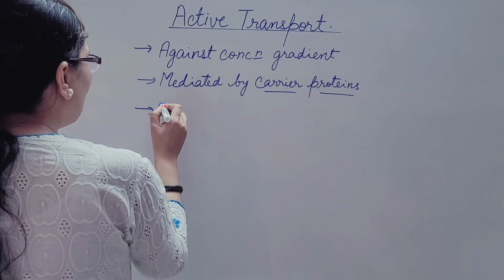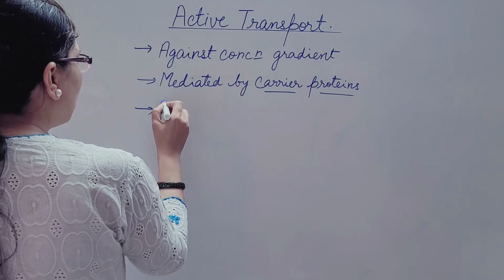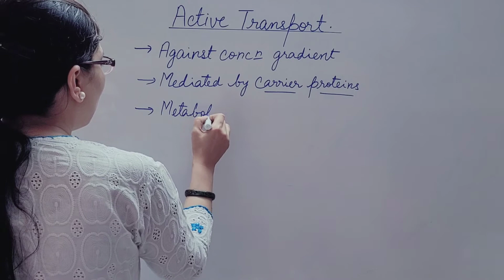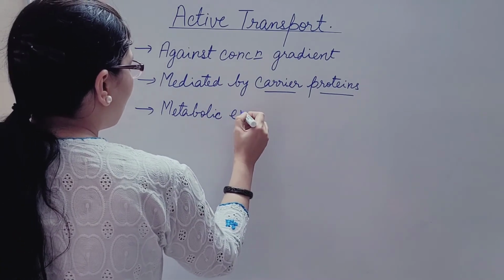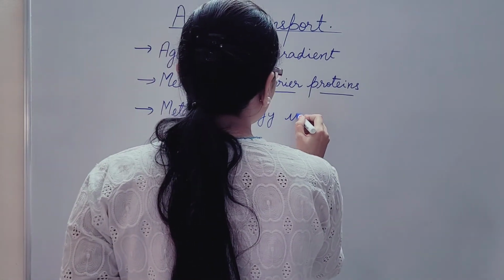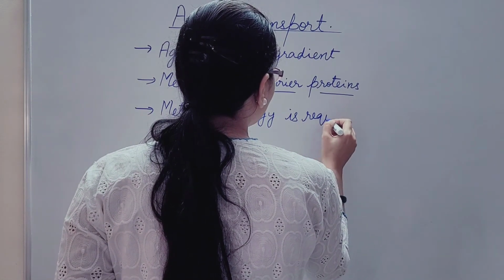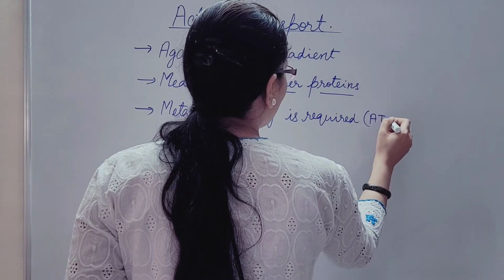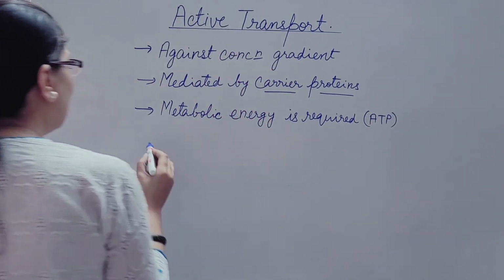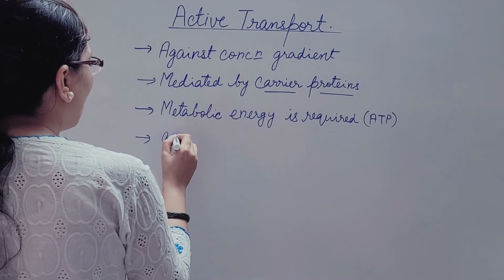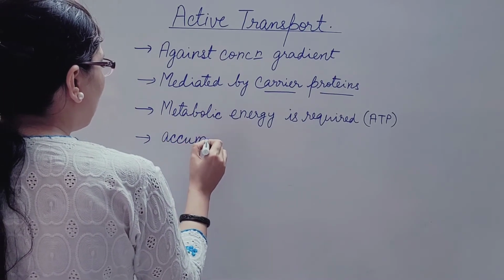Since the molecules are transported against the concentration gradient, metabolic energy is required. It results in the accumulation of solute molecules on one side of the membrane.